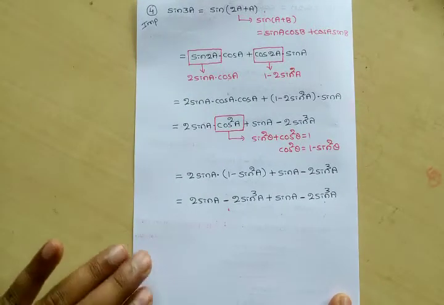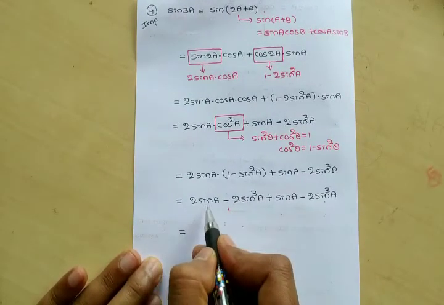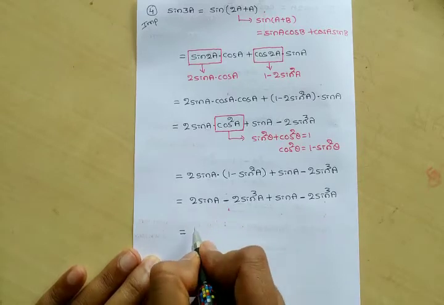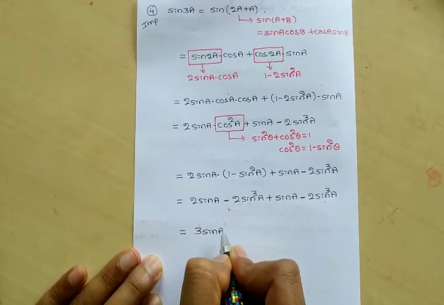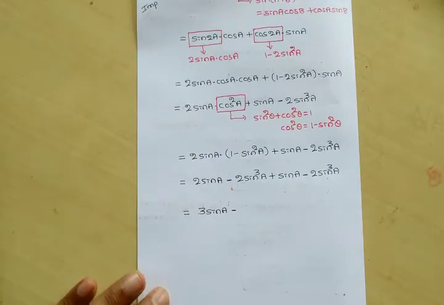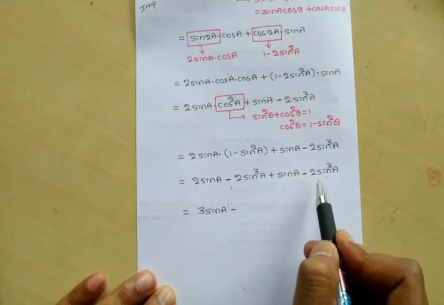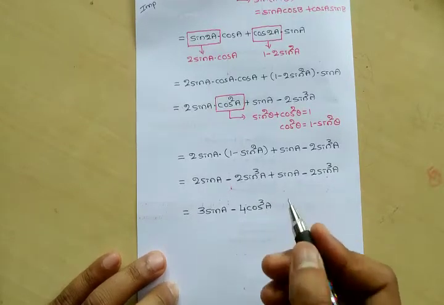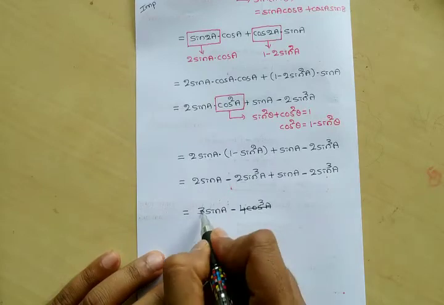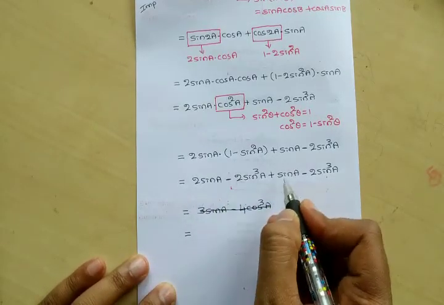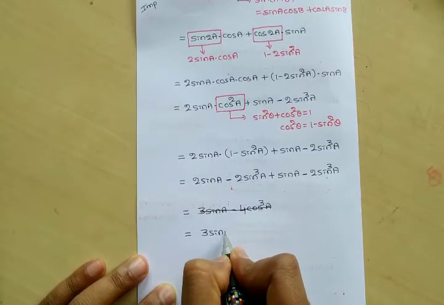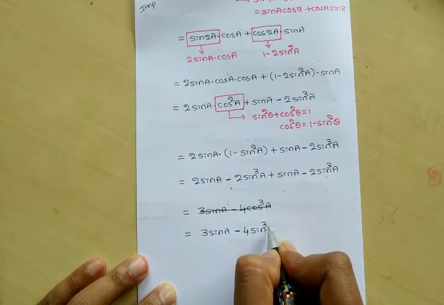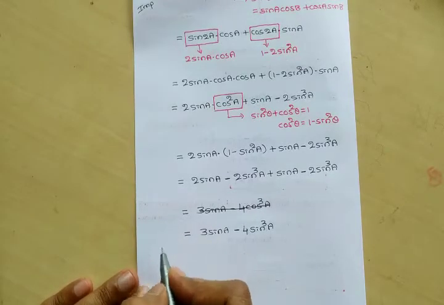So next, finally you can see which is equal to, here 2 times sin A and here 1 times sin A. 2 sin A plus 1 sin A is 3 times sin A, minus, here minus 2 times sin cube A, here also minus 2 times sin cube A. So it is minus 4 times sin cube A. So this is the formula of sin 3A.